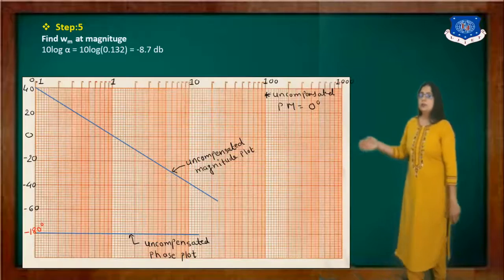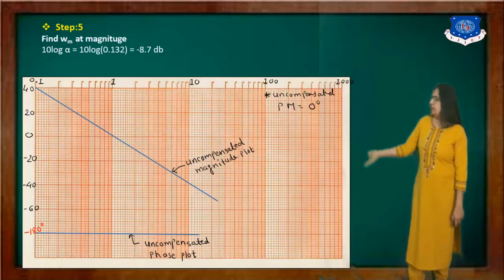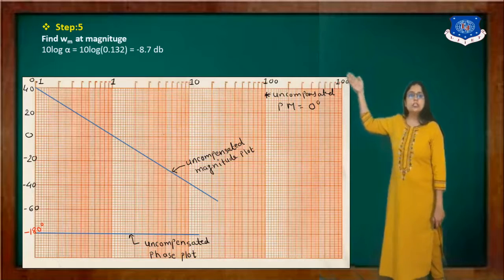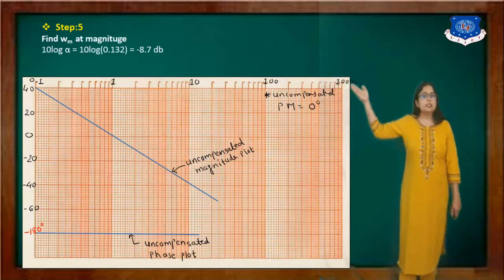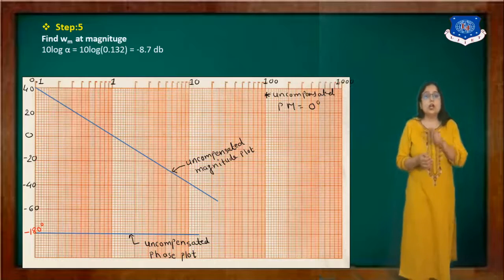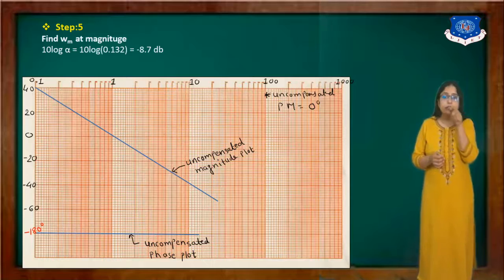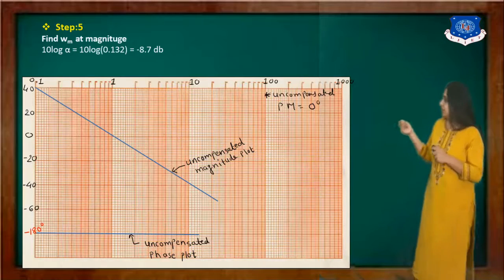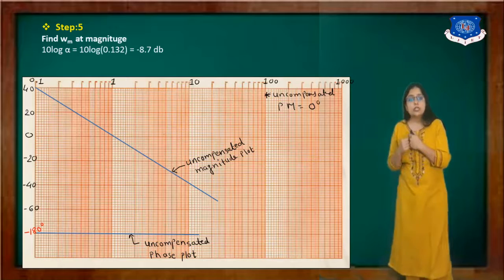So now this is our plot, this is our uncompensated Bode plot. And here you just see the value, minus 8.7 dB. So you have to draw a line at minus 8.7. Definitely that is between 0 and minus 20 dB, because here you just check the unit, that is dB.